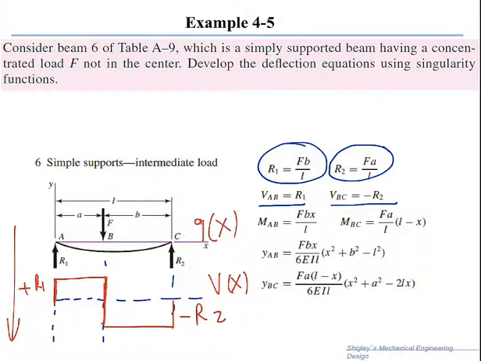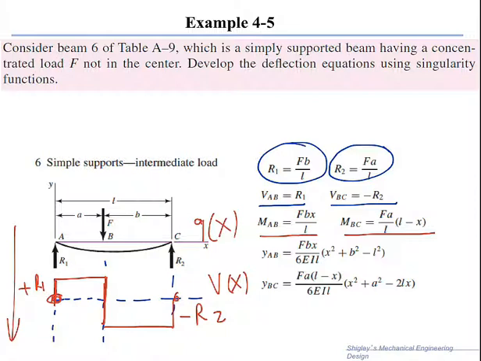So instead of doing that, as I mentioned before, we obtain the moment distribution between the two points A and B, and the moment between A and B is FBX over L, and between B and C is FA over L times L minus X. So these are the two moments that we obtain in these regions.